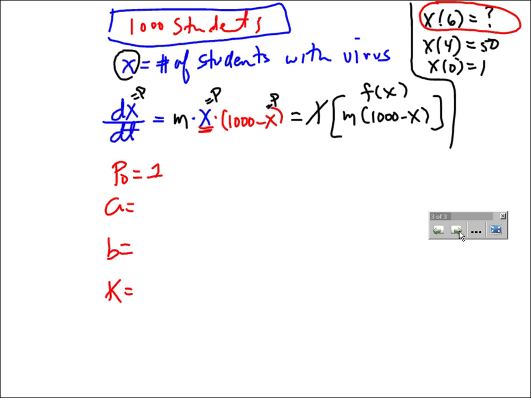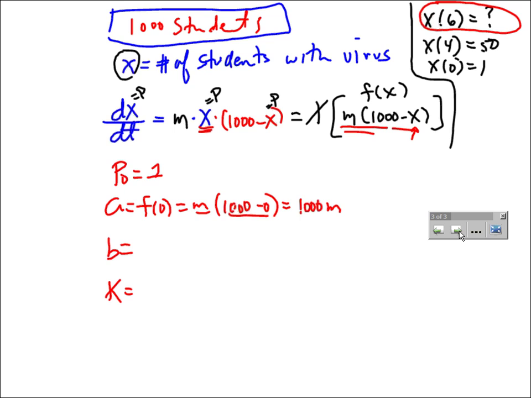Now what is A? A is f of 0. Well, that's f of x, so I just plug in 0. So I get m times 1,000 minus 0. This is 1,000 times m, which is just 1,000 m. So that's what A equals.